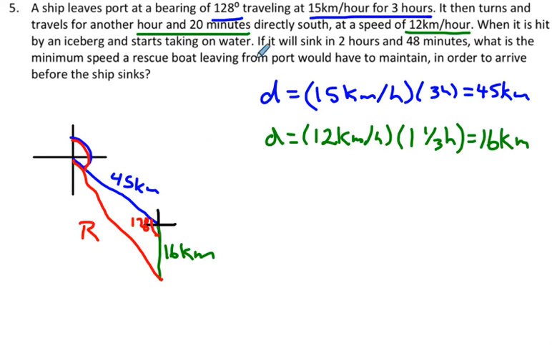Now the question actually asks what is the minimum speed the boat will have to drive in order to arrive. So we know this time, so once we find out what this R equals, we would divide it by the time, and that would give us the speed in order to finish this question off. Give that a try. If you have any questions, please contact your teacher.